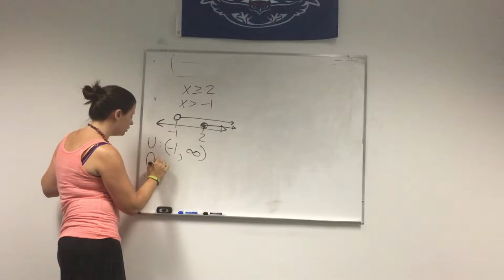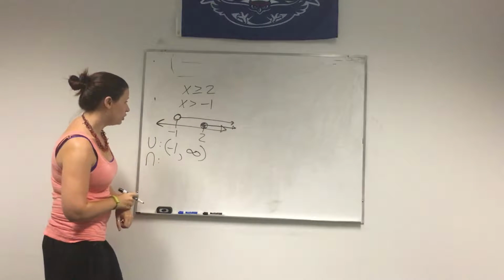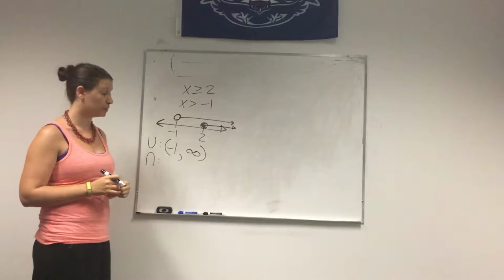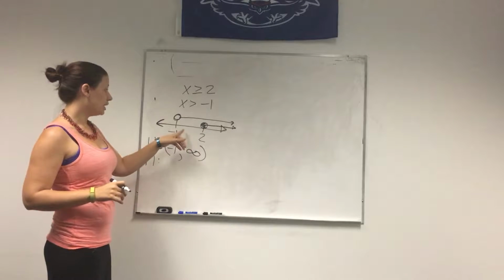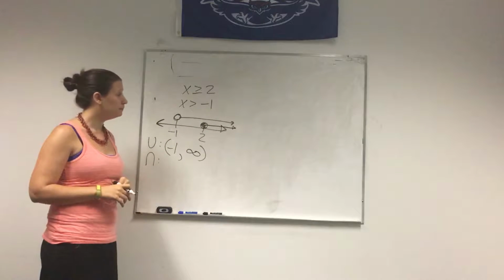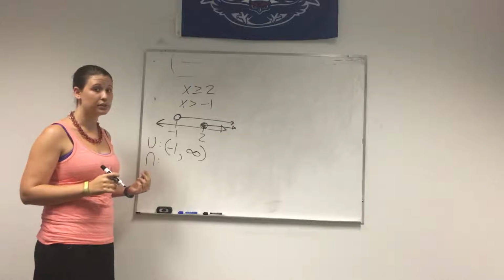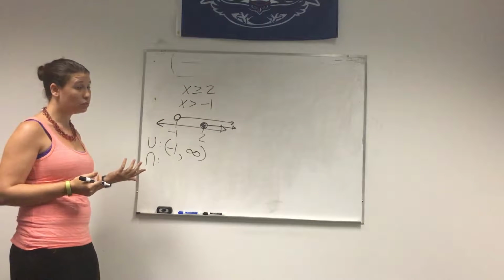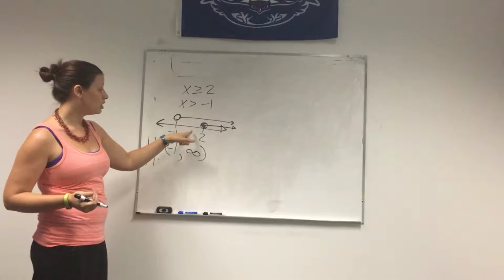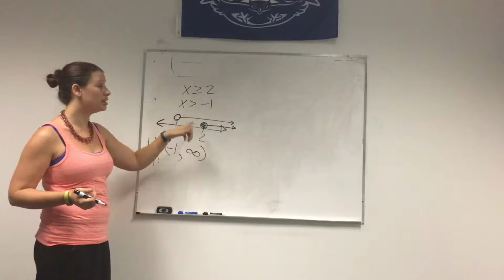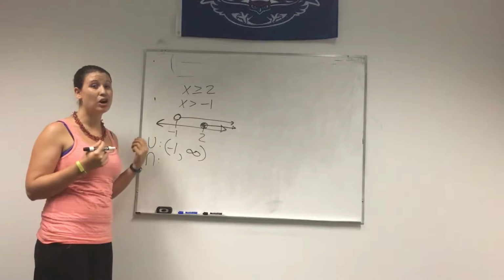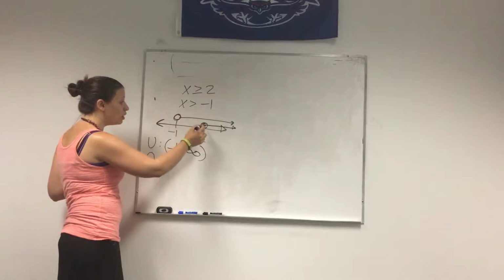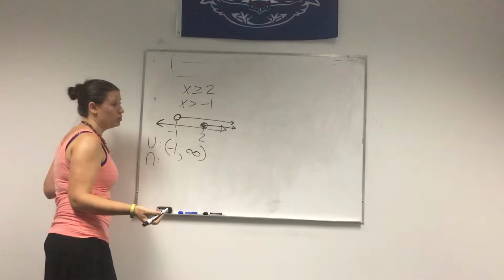So now let's think about the intersection. Remember, the intersection is only when it works in both groups. So let's go down and think about 0 again. Does 0 work in both groups? Well, 0 is not greater than or equal to 2, so 0 doesn't work. We have to go all the way up to 2 to make it work in both groups. Remember, it's the overlap. It's what they both have, or what they have in common. So, does 2 work in both groups?